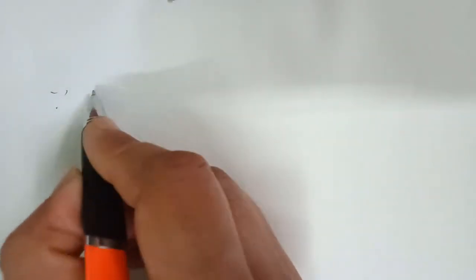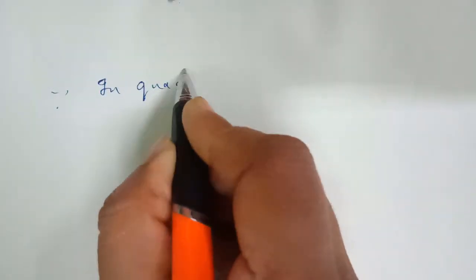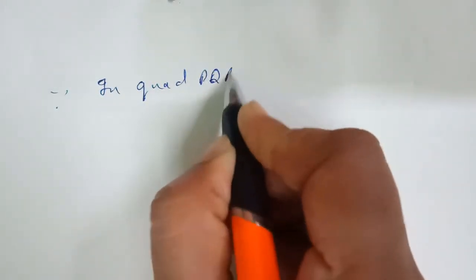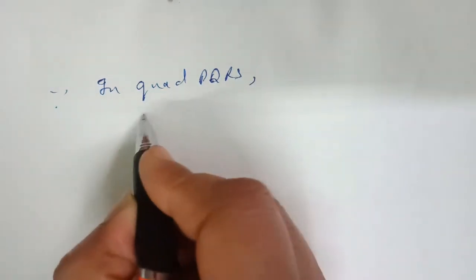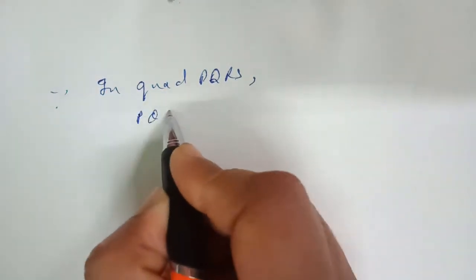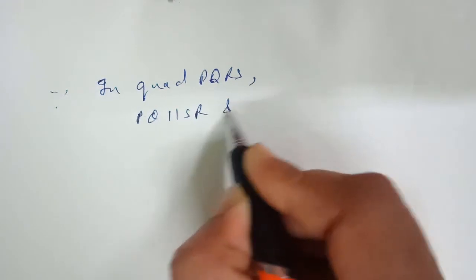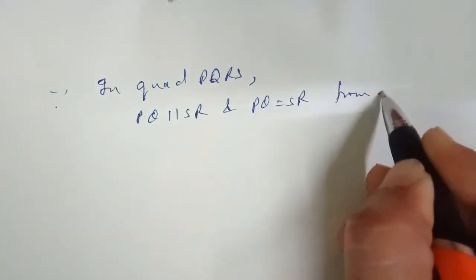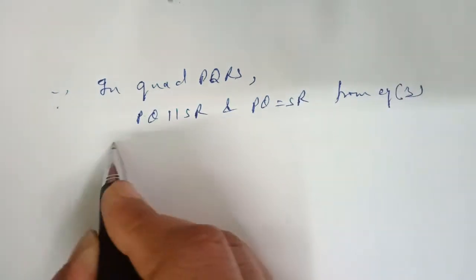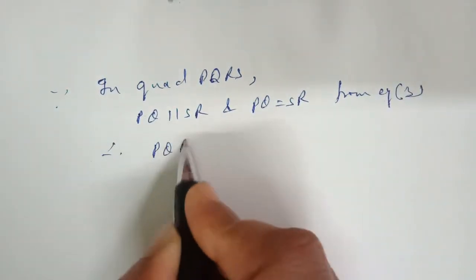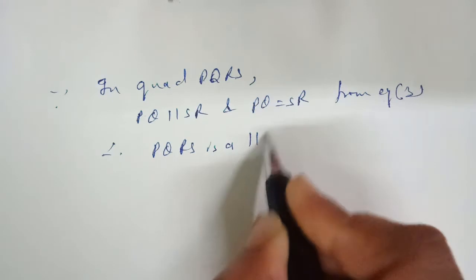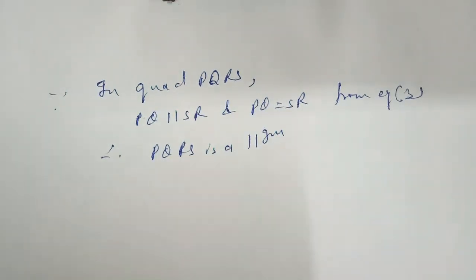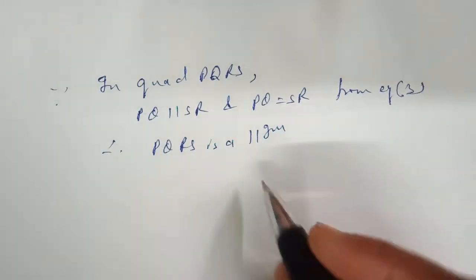Since in quadrilateral PQRS, PQ is parallel to SR and PQ is equal to SR from equation third, therefore PQRS is a parallelogram. This is the symbol of parallelogram.